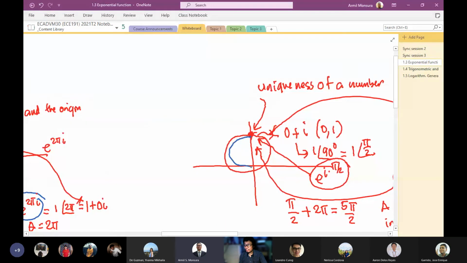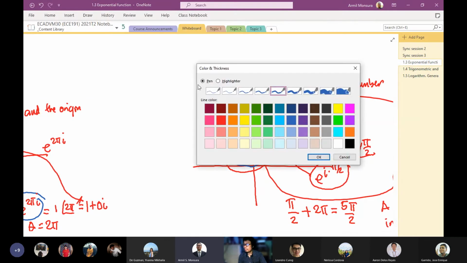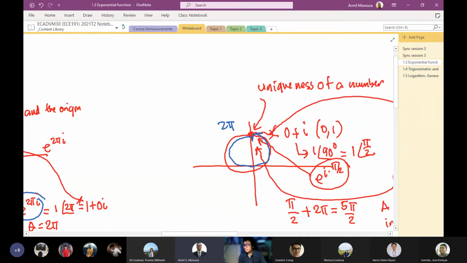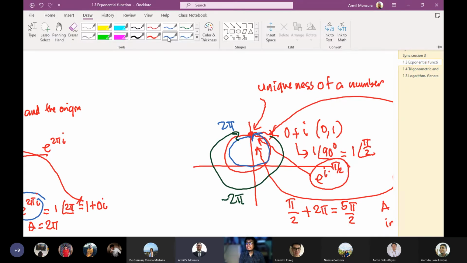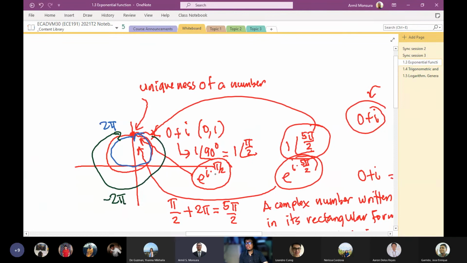Instead of actually going this way, that's 2 pi, you can also go the other way. So that gives you negative 2 pi. Okay? Maliwanag yan? Maliwanag.